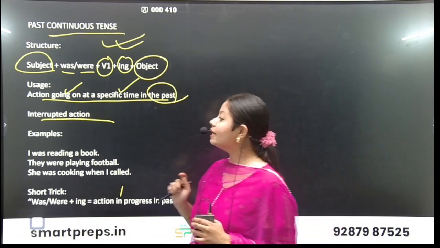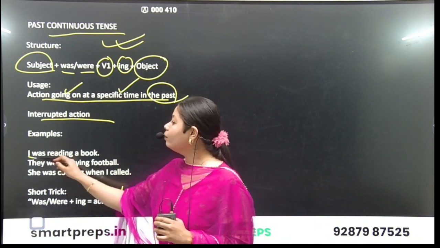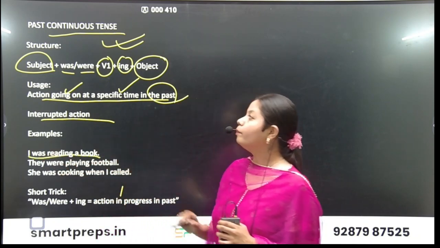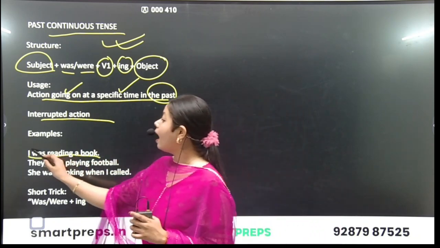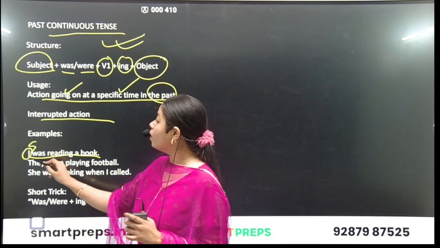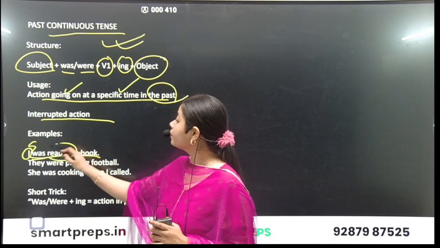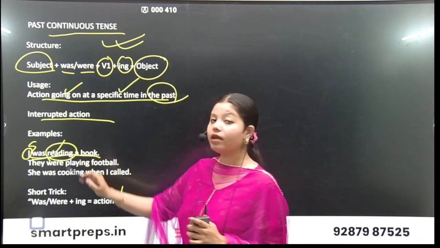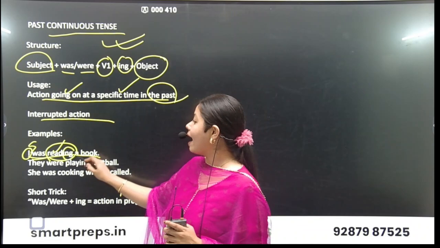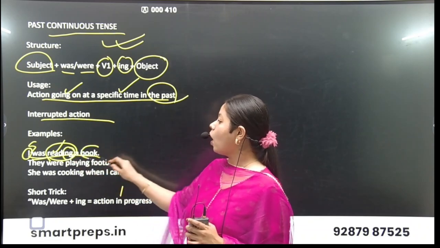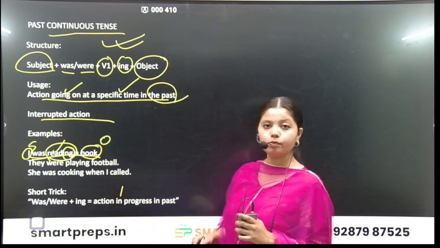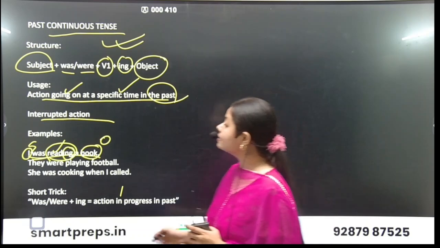Now let's understand some examples. I was reading a book. I is the subject. Was or were will be used here. Reading: along with the verb read, we are including ing, and then the object is book. Then next, they.